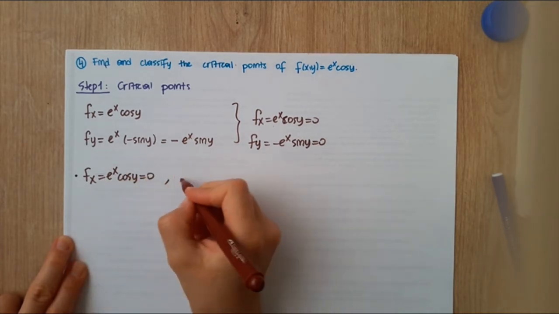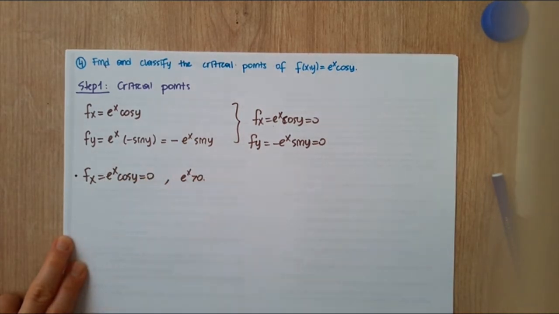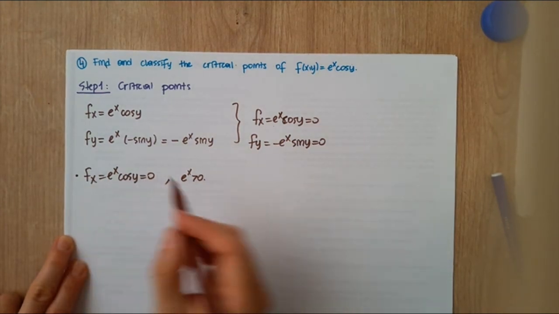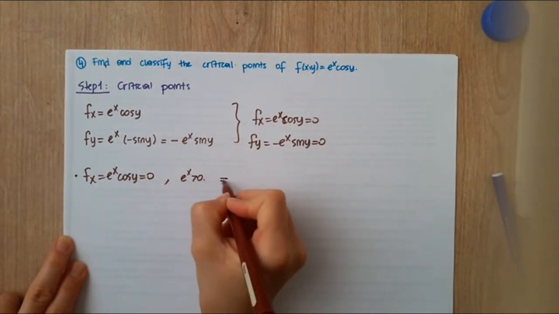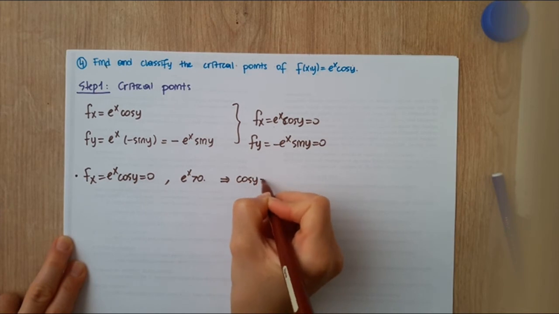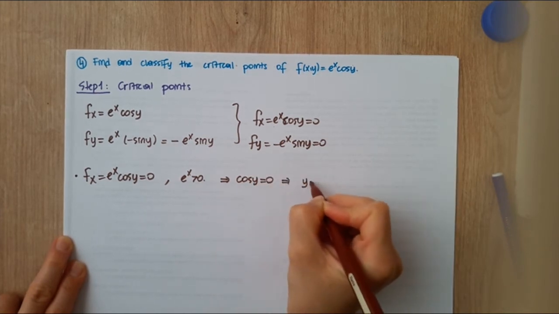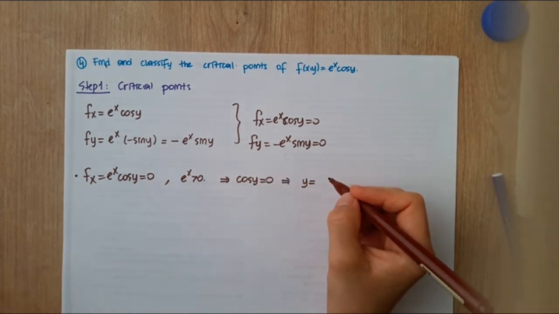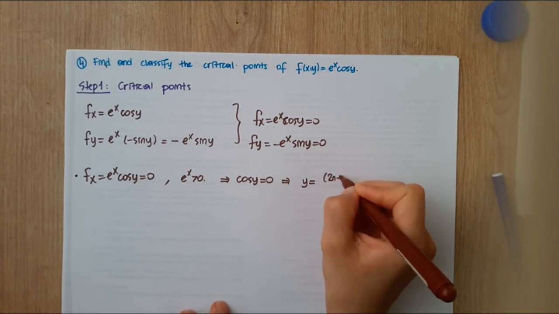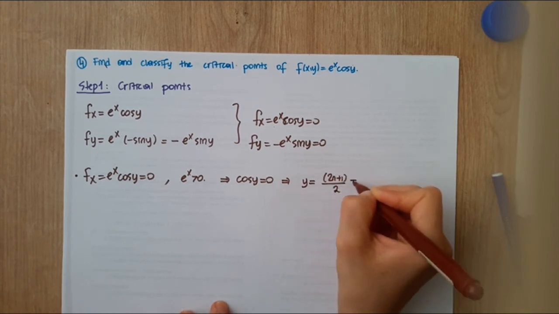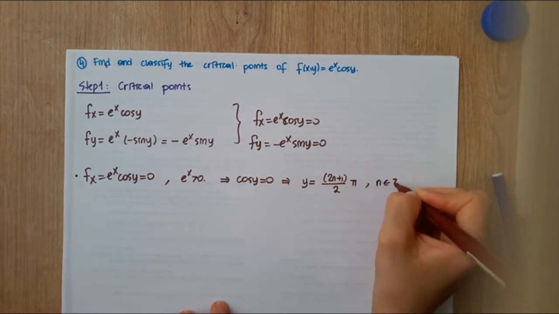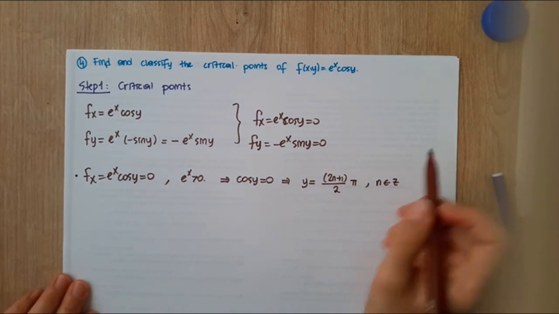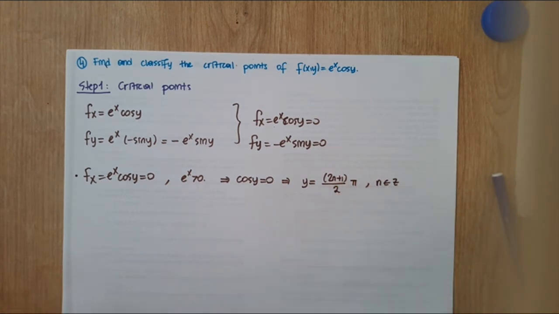We know that e to the x is always positive, so this may happen if and only if cosine y is 0. So y is (2n plus 1) over 2 times pi, where n is any integer. For example, pi over 2, 3 pi over 2, minus pi over 2. At those points, cosine has the value 0.